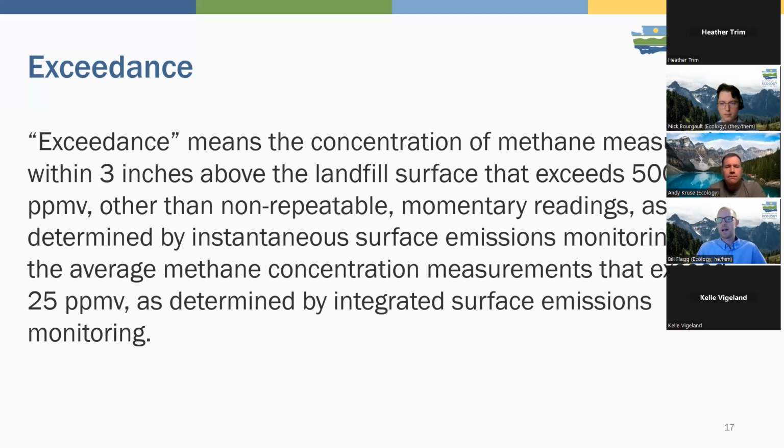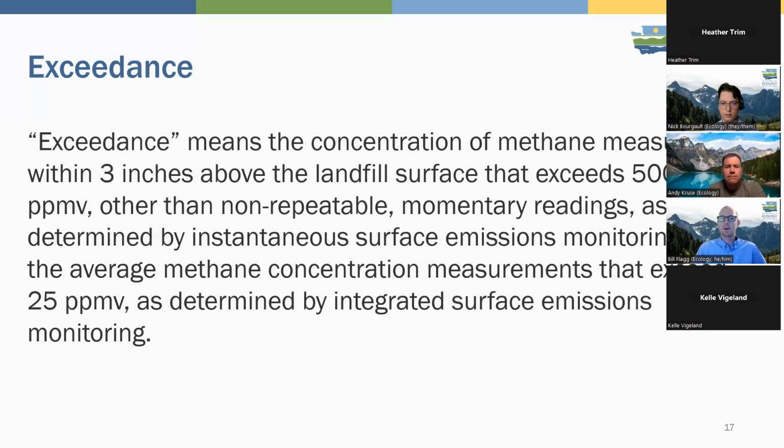So you can check out Section 5, which says that a methane exceedance means an exceedance of 500 parts per million by volume of instantaneous surface monitoring, other than non-repeatable momentary readings, or 25 parts per million by volume as determined by integrated surface emissions monitoring.